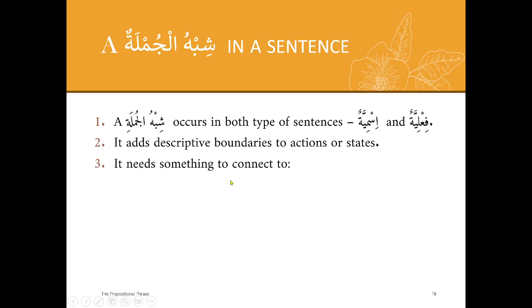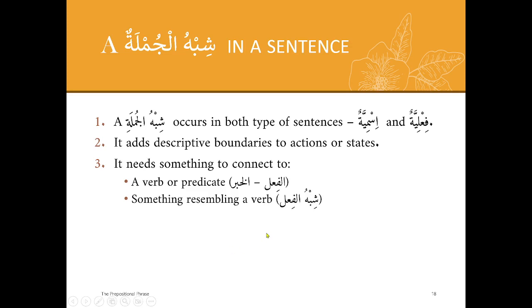But it needs something to connect to. Remember, it's the connector. So it needs something to connect to. If not, it won't be a connector. So here we go: a verb or predicate, fi'l or khabar, or something that resembles a verb. Remember what I said?